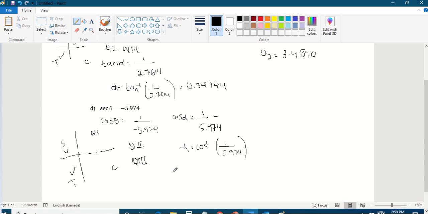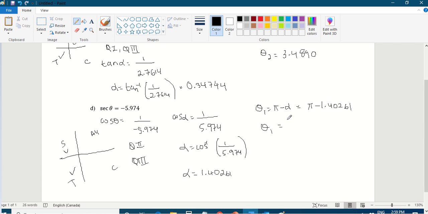So in our case then alpha will be cos inverse 1 divided by 5.974. The result we get here is 1.40261. Once we have alpha, depending on which quadrants, we'll get thetas. So in the second quadrant, we know theta is pi minus alpha. So in our case, it will be pi subtract 1.40261.